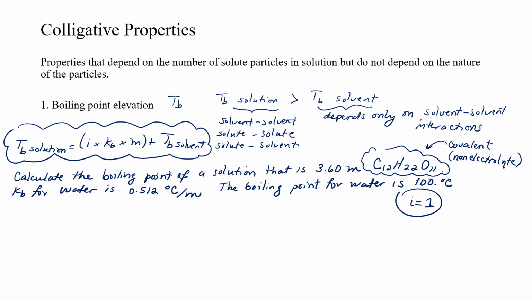So I have all of the numbers that I need to plug into the equation to calculate that boiling point. i is going to be 1 because it's a covalent compound.